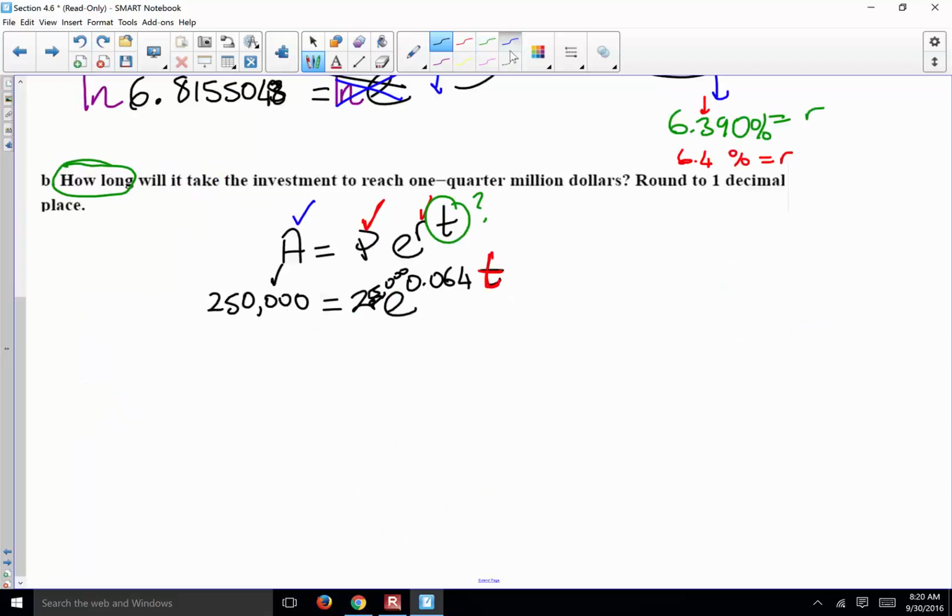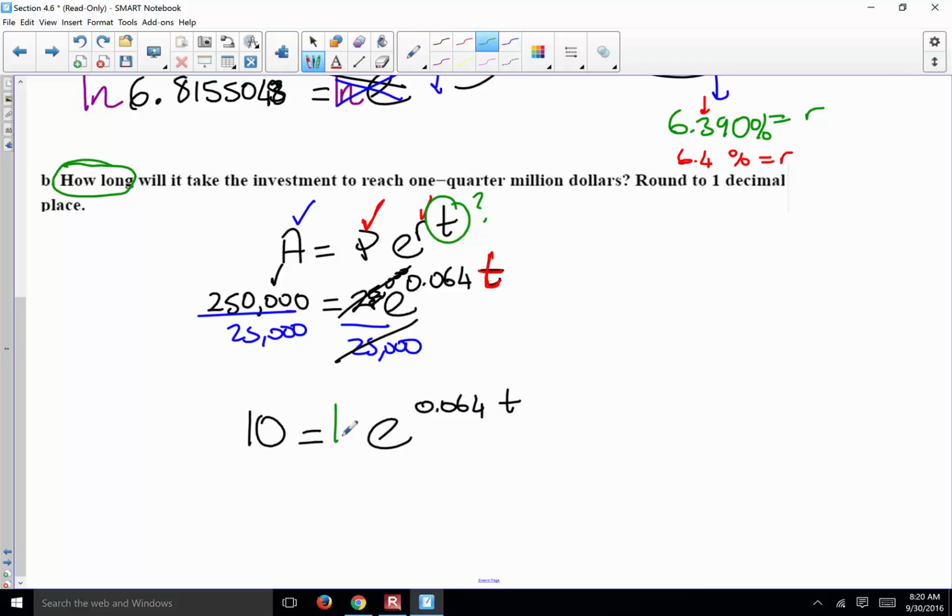Okay, so the first step is again the same. Get rid of that 25,000 in front. And that's nice, because 25,000 goes into 250,000 how many times? 10. Same steps over and over.